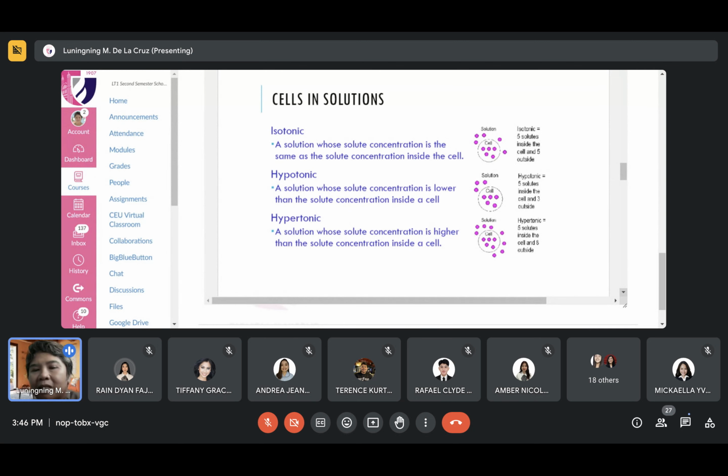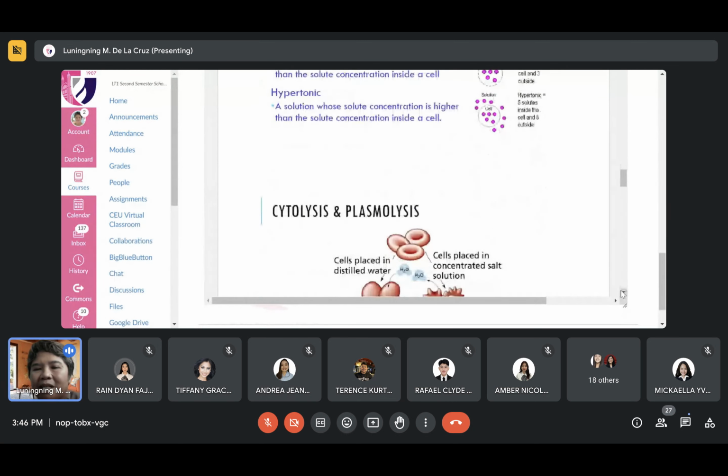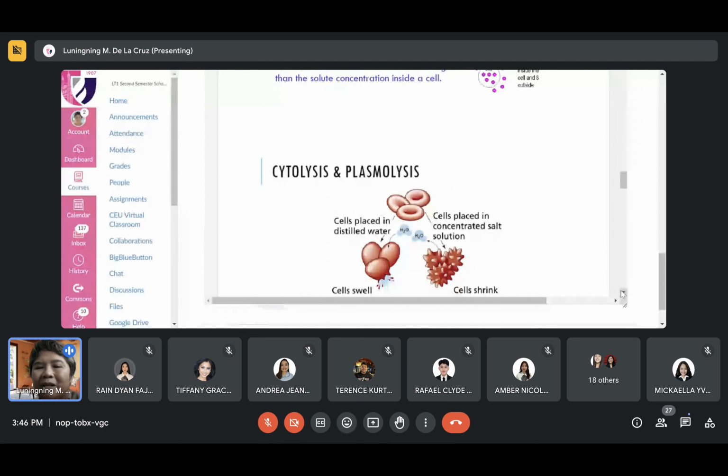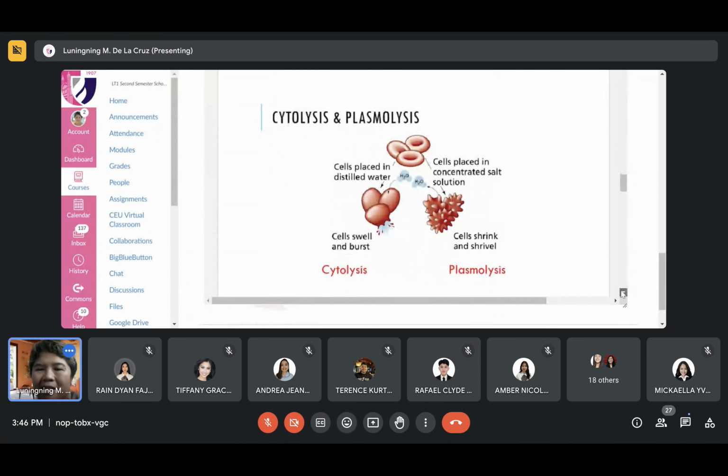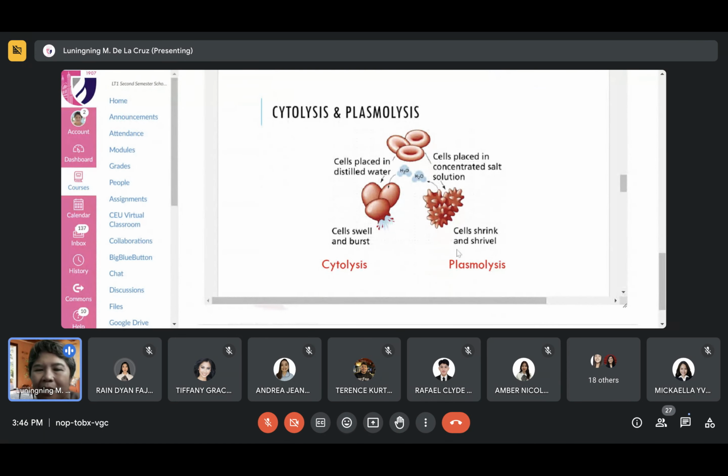Plasmolysis is known as the shrinking of the cell, which leads us to the next topic, cytolysis and plasmolysis. Here, cells placed in distilled water. Now, what is distilled water again? Is it hypertonic or hypotonic?